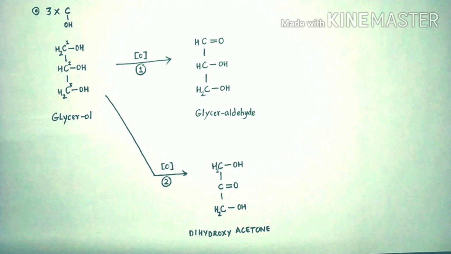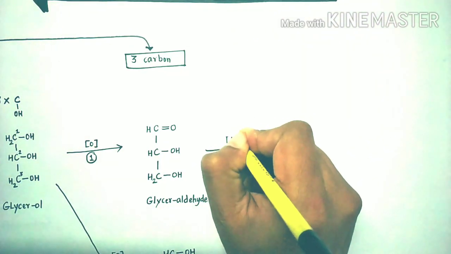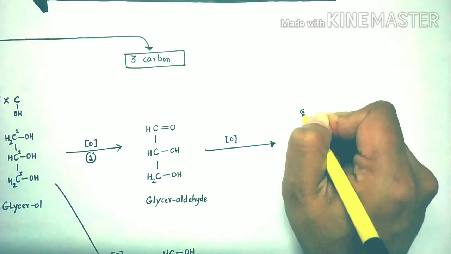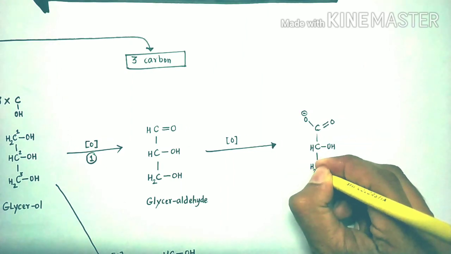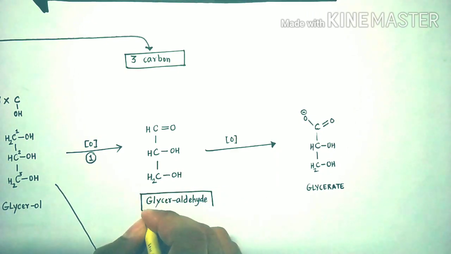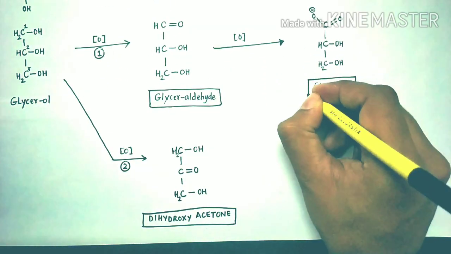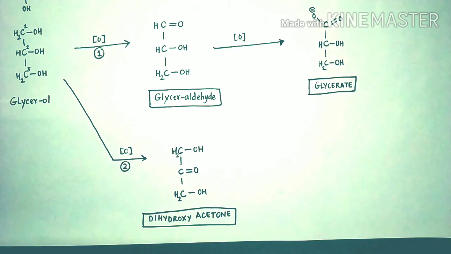So, dihydroxyacetone forms another intermediate. If glyceraldehyde is further oxidized, it will convert into the acidic form, glyceric acid, from which if H plus is removed, what remains is glycerate, another intermediate. So we have three glycerol-based intermediates: glyceraldehyde, dihydroxyacetone, and glycerate.